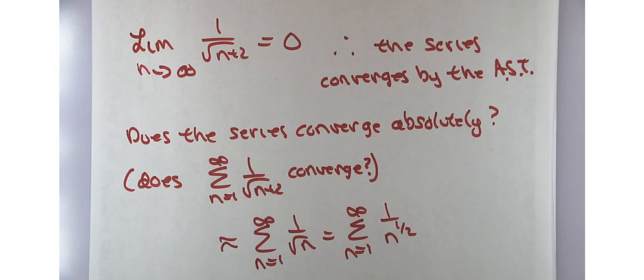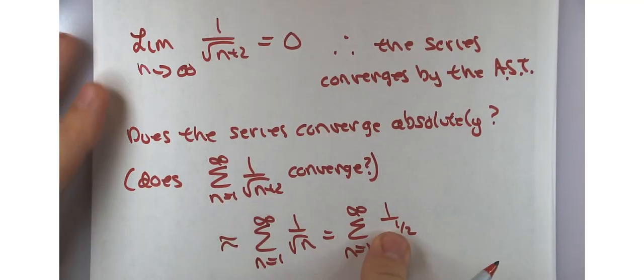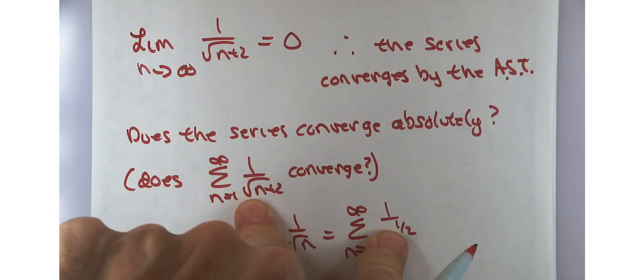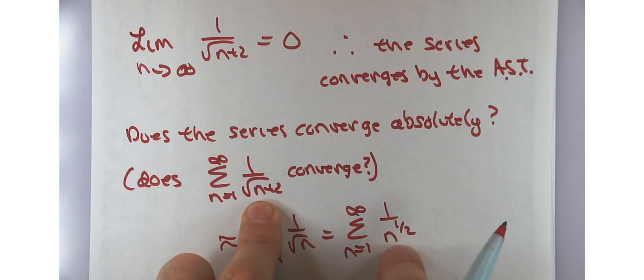Diverge. Now, this series is different than this one. So you either have to do a direct comparison test or a limit comparison test to finish this off. But I think you can kind of see here that these two are going to work about the same. I would use the limit comparison test. That way you don't have to fuss around with whether the inequalities line up in the right direction, because I think this one is going to be smaller than this one. The fact that this diverges doesn't help you out with this one.